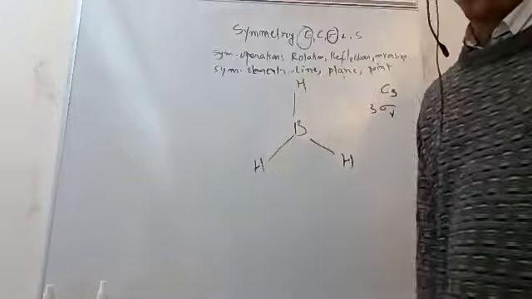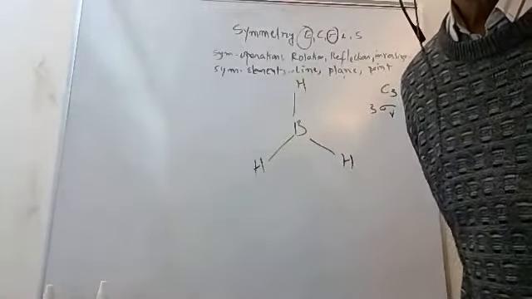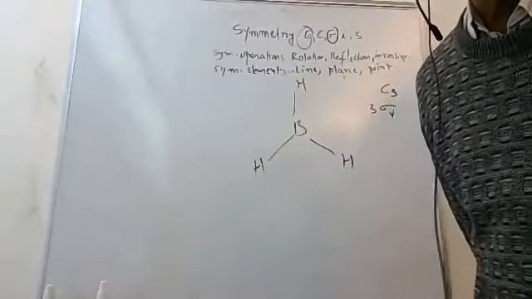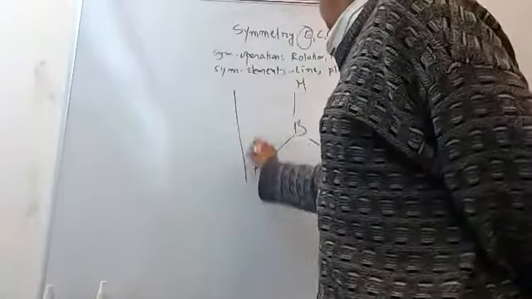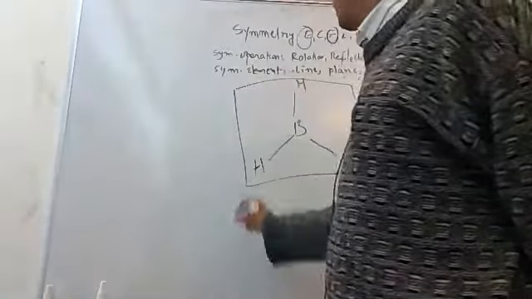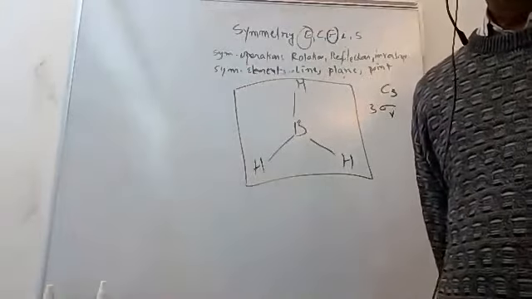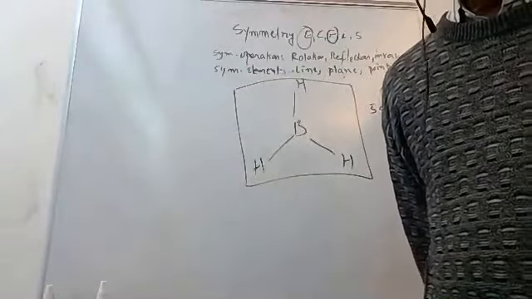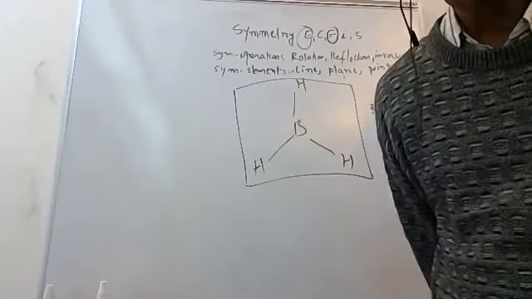this is a planar molecule, right? Unlike ammonia, this is a planar molecule, which implies that all 4 atoms are in the same plane. Isn't that plane also a reflecting plane?